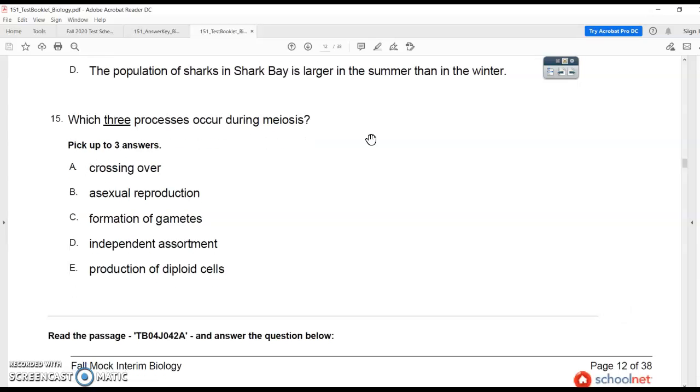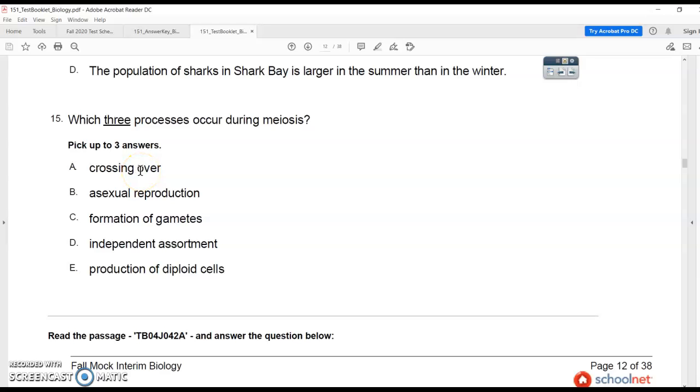And lastly, for this video, looking at 15, something that we just finished talking about. Remember, meiosis produces gametes. Those gametes are reproductive cells. Each of those are haploid and are genetically diverse. So which of these three processes occur during meiosis? Crossing over would be one of them.